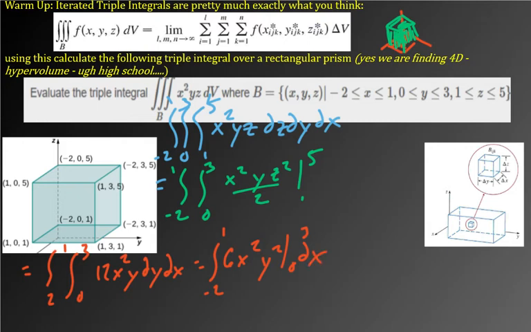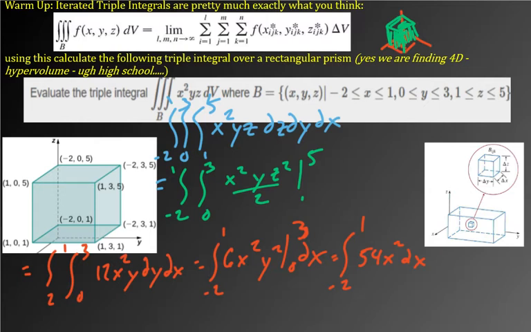And then lastly, we got to go plug that in, I guess. So that would be -2, 1. I think that's 54, because this was a 3. 54x squared dx, right?